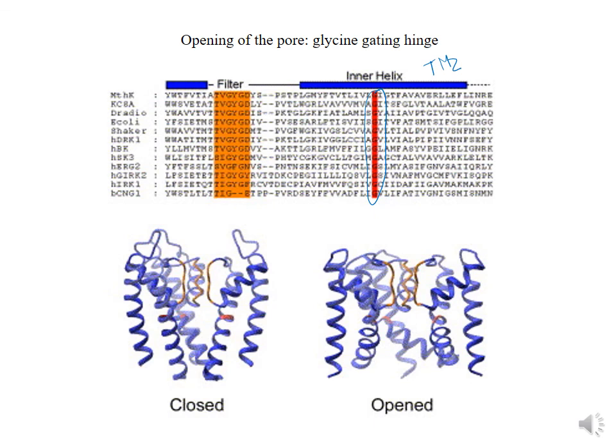And this glycine residue is conserved among other types of potassium channels, such as GIRK channels, SK channels, BK channels, and so on. So we think that this kind of mechanism may explain how conformational changes of these transmembrane domains are able to open and close these channels to allow potassium ions access.